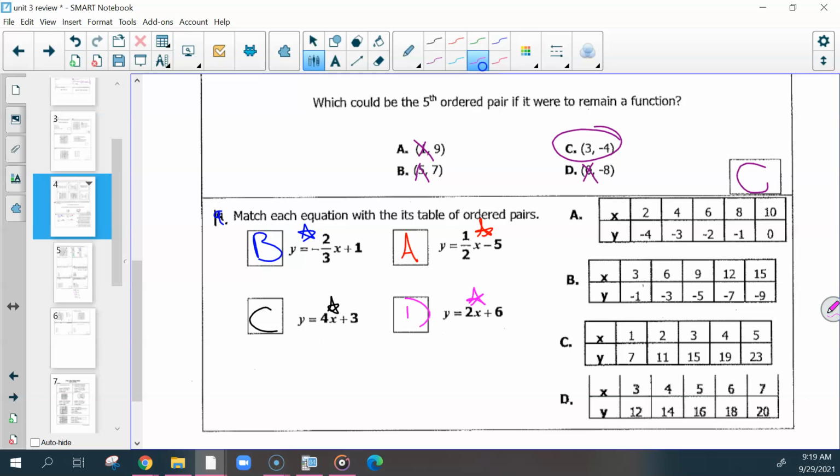So this would be our last one. Now, if when looking at the table we had, like, when x is 2, y is -4, but we had multiples that had -4, we would have to look at more values. We didn't have to do that this time because there was only one that had that value.